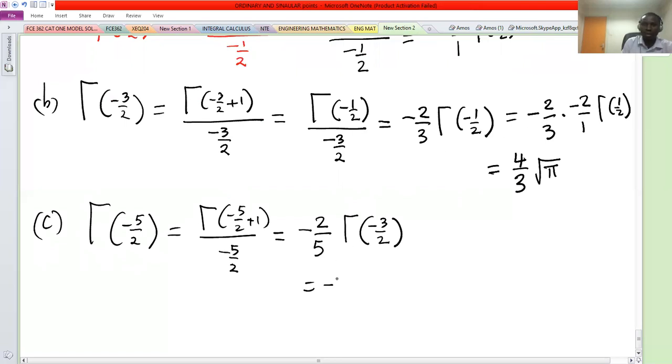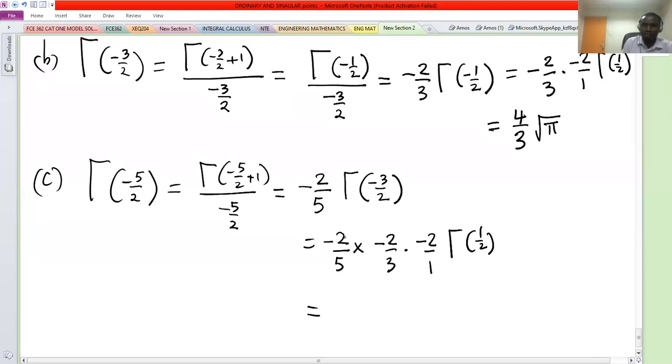So it is minus 2/5 times minus 2/3 times minus 2/1, then gamma of a half. So this will be negative. 2 by 2 by 2 is 8, and then this is 15. Then gamma of a half, which will be minus 8/15 square root of pi.